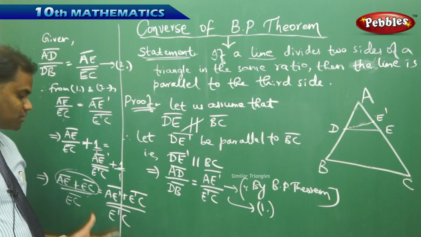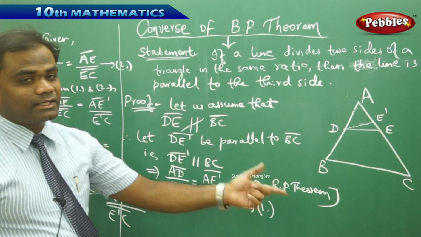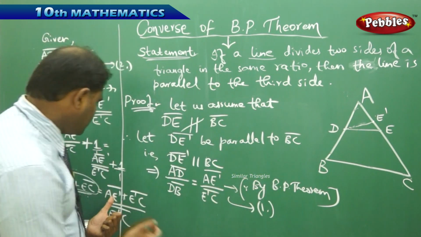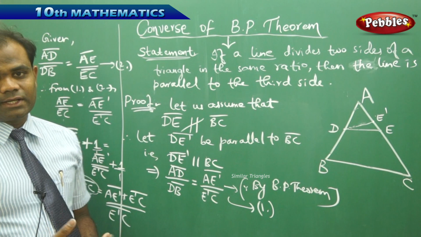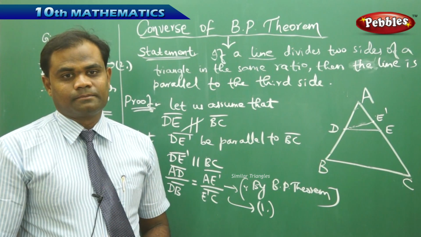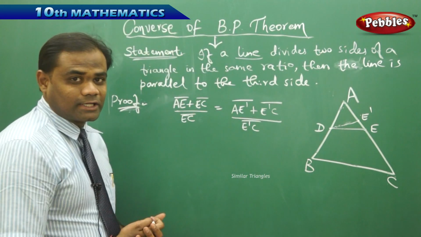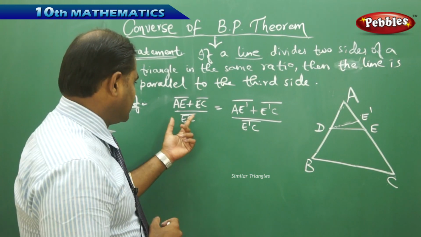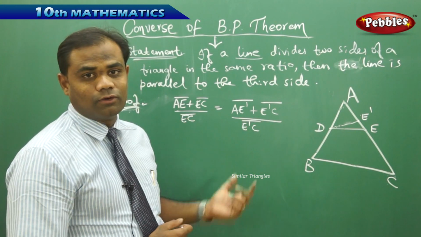So let's substitute AE plus EC with the entire AC, and similarly AE dash plus E dash C also as AC, and see what happens further. So adding 1 on both sides and taking LCM, I get the ratios in the following manner.